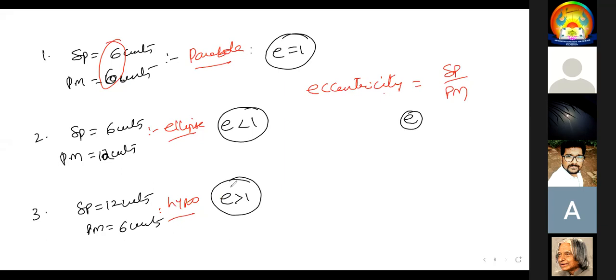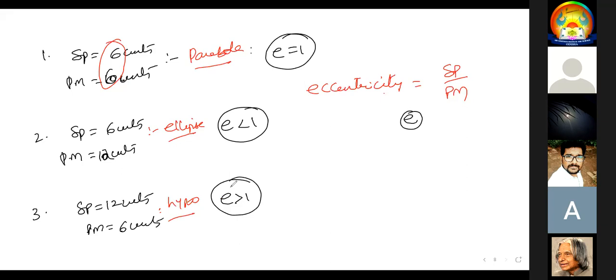I'm discussing the new term eccentricity. Eccentricity is the ratio between SP and PM. When we are talking about the parabola, both are equal, so SP and PM get cancelled, and eccentricity is 1.